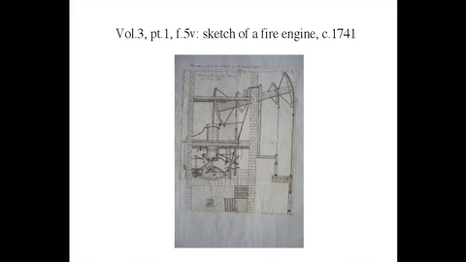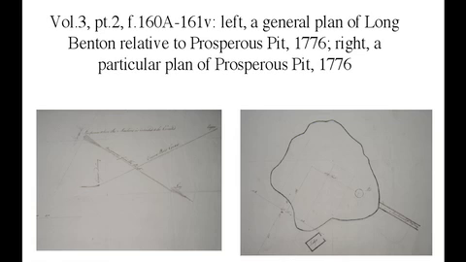The set of drawings produced for the engine with a 52-inch cylinder at Prosperous Pit, Long Benton, Northumberland, in 1776-77, commenced with a general plan encompassing the site where the machine was intended to be erected, the wagonway from it, the engine watercourse, and the engine itself.